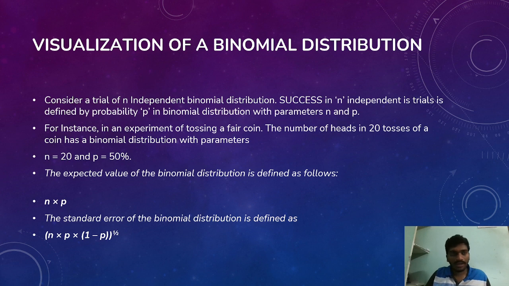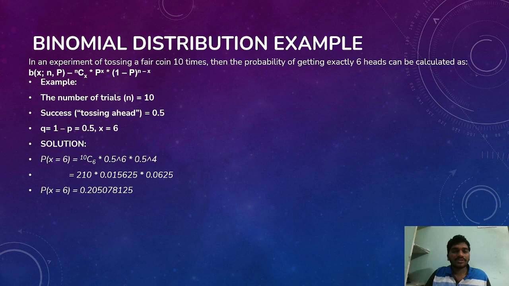Consider an example of the binomial distribution in an experiment of tossing a fair coin 10 times. The probability of getting exactly 6 heads can be calculated as b of x comma n comma p equals nCx into p power x into 1 minus p whole power n minus x.